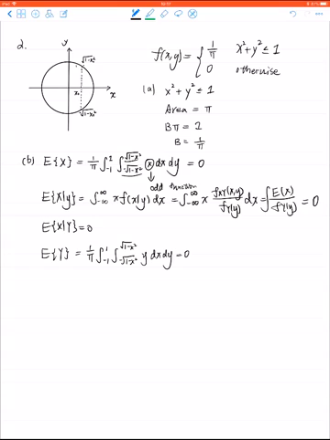As we have discussed before, this is an odd function and the integral is symmetric, so the answer should be 0. In this case, E[Y | X = x] should also be 0, and that can be applied to every x: the expectation of Y given X = x equals 0.